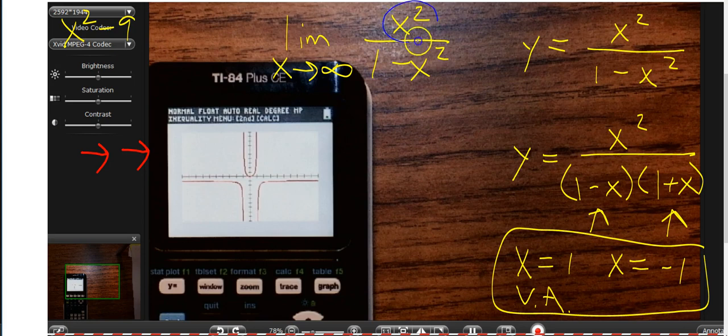The largest power of x in the top and the largest power of x in the bottom. And what are you supposed to do with that fraction? Supposed to reduce it, right? So what does x squared over negative x squared reduce to?